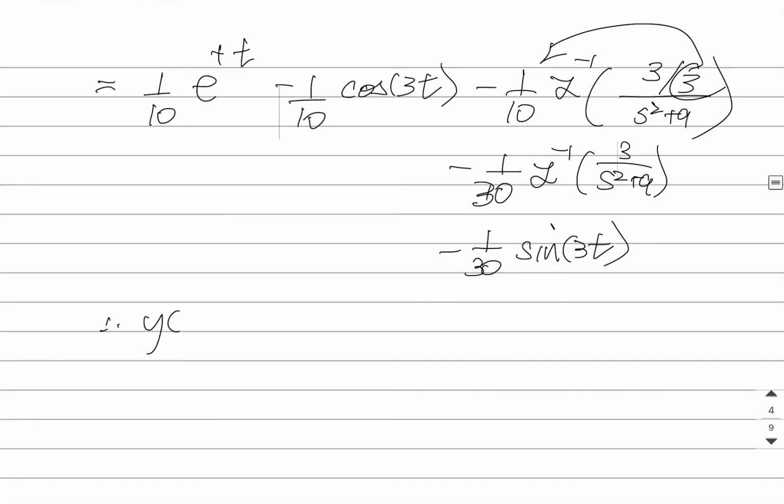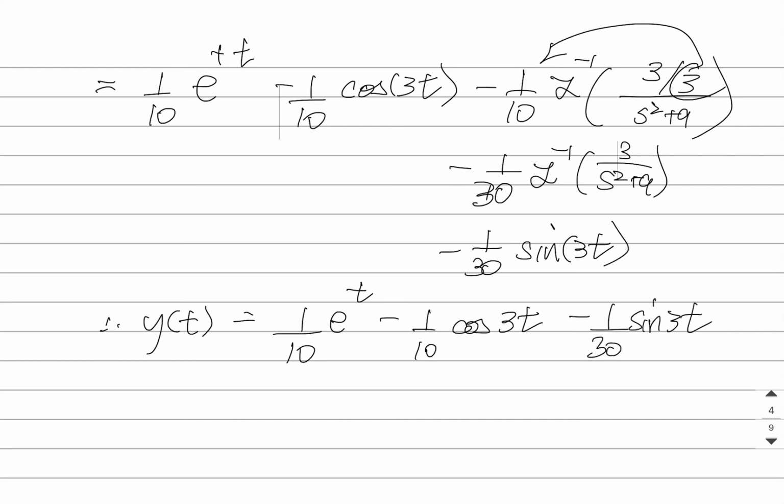And that gives me the solution according to Laplace transforms. I'll have e to the t minus 1/10 cosine of 3t minus 1 over 30 sine of 3t.